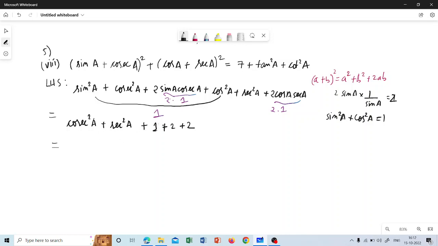Now I use the identity 1 plus tan square a is equal to secant square a.